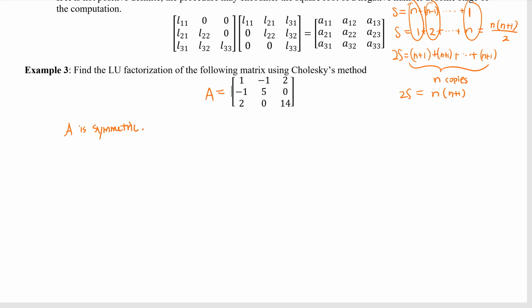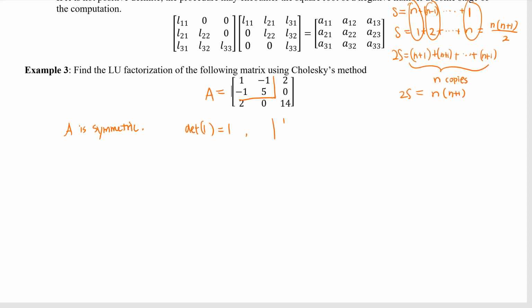Okay, and how do we check if it is positive definite? We want to check that all the upper left submatrices have positive determinant. What are the upper left submatrices? Well, first, 1. Determinant of 1 is 1. Good, it's positive.